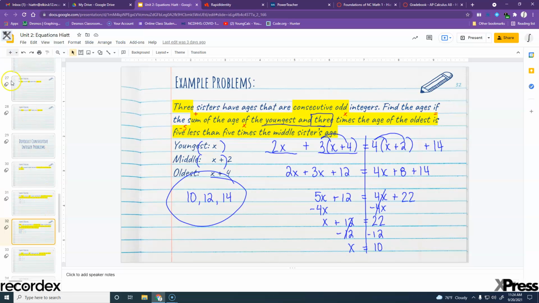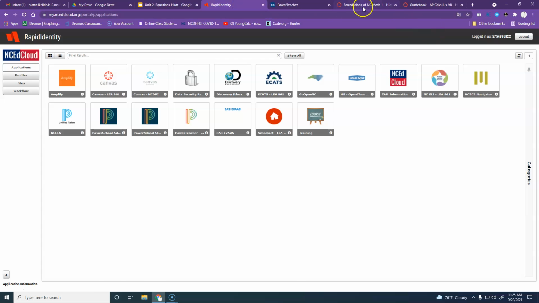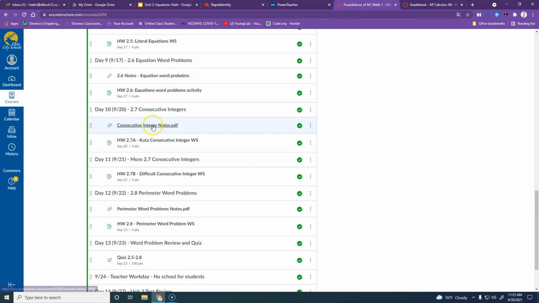Alright, I want you guys. Actually, let's look at the worksheet instead. Look at that worksheet that you guys are given.